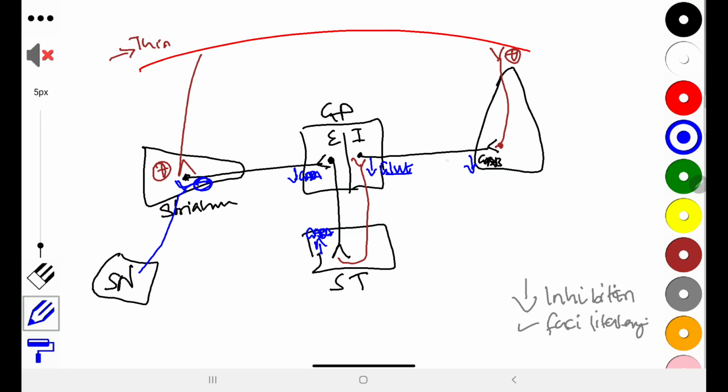So if it's not releasing as much GABA, it means it is not inhibiting the thalamocorticals as much. So if it's not inhibiting the thalamocorticals as much, then there will be some form of activity up here. So if there's some form of activity, then we can have our facilitatory movement taking place.